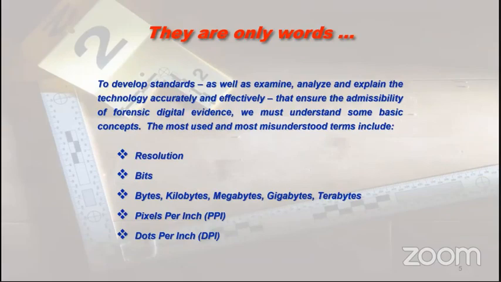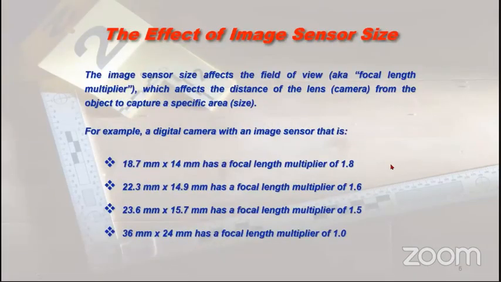So we get into resolution, the bits, the bytes, the kilobytes, megabytes, gigabytes, etc., and we get into pixels per inch. Now, as we are looking at these different size imaging sensors, we also have to get into other factors that are going to affect how accurately we can capture the detail.